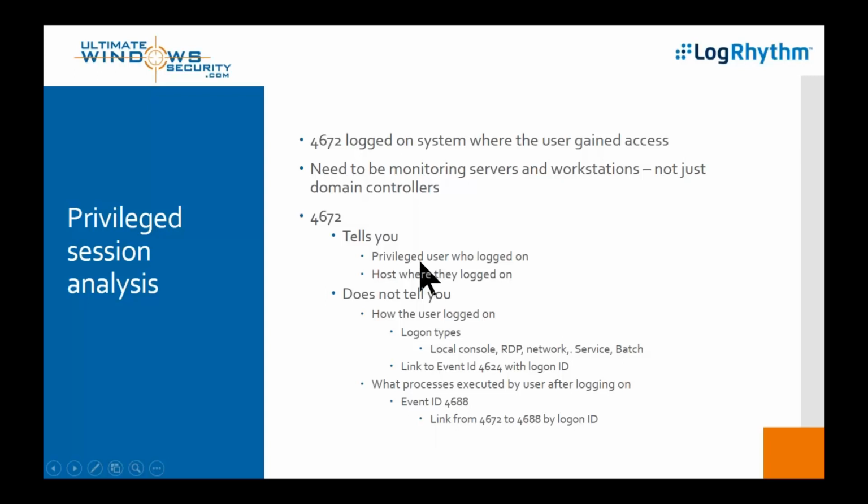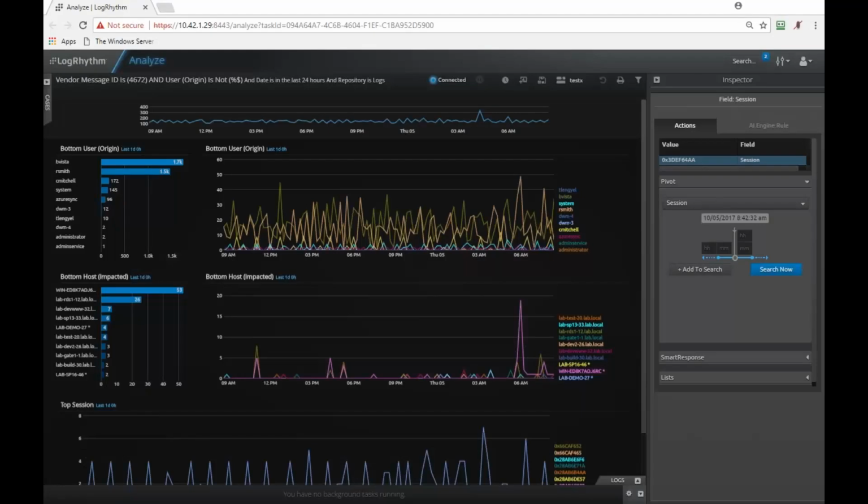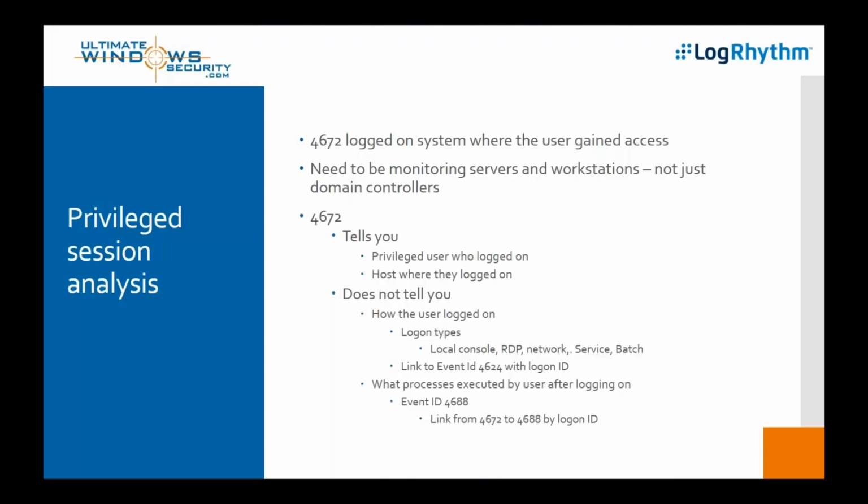One of the other things that we would like to know is what processes did this user execute during their logon session? Well, 4688 tells us all of the programs that run on a system, and that's great, but we also need to be able to find that event, and it's the very same correlation point.